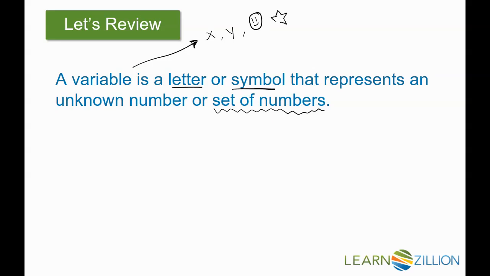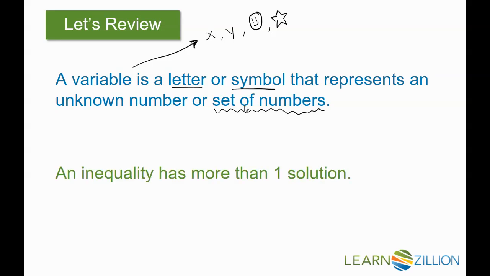Let me draw a star for you. There's my star. So any one of these is an example of a variable, and it could represent an unknown number, or in this case today, a set of numbers.